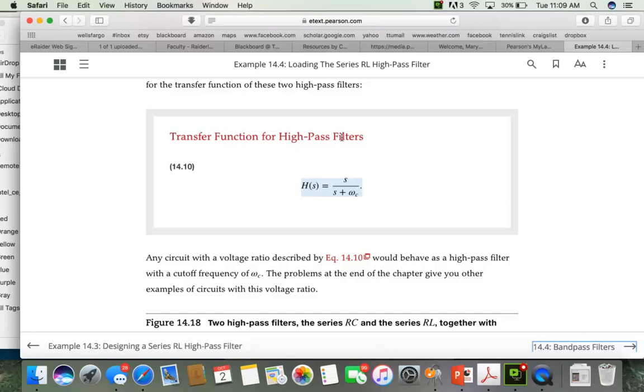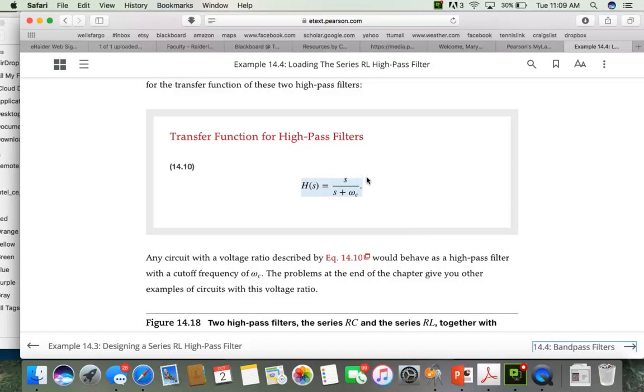So that's pretty much what I want to say here, other than to skip to the general transfer function for a high pass filter. The general transfer function has the appearance S over S plus omega C. Note that this is not a loaded filter because we don't have this value K in the numerator. So this is for just a first order high pass filter.